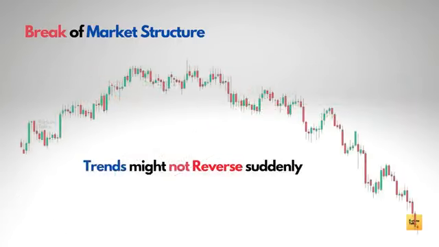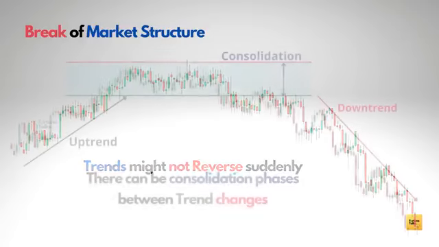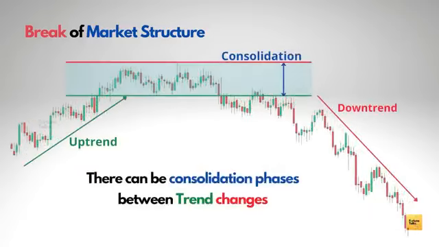Now the trend will not reverse all of a sudden because markets need enough sellers to bring the prices down, and so most often the market goes into a phase of consolidation where the price will stay inside a range for some time and then it will show a trend reversal when there is ample selling pressure available.